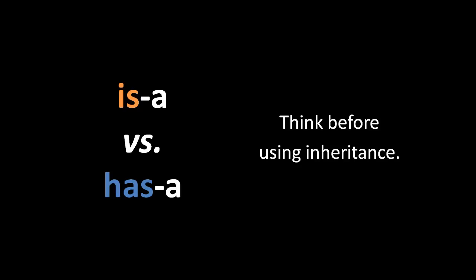It would not make sense to have the steering wheel class inherit from the car class because a steering wheel is not a kind of car, and it wouldn't make sense the other way around either, because a car is not a kind of steering wheel. If we were going to extend the car class, we would do so with something like Toyota or DeLorean or sedan, something which is a car, just a more specific kind of car. So when thinking about using inheritance, just be sure to ask yourself, is this an is a relationship or a has a relationship?